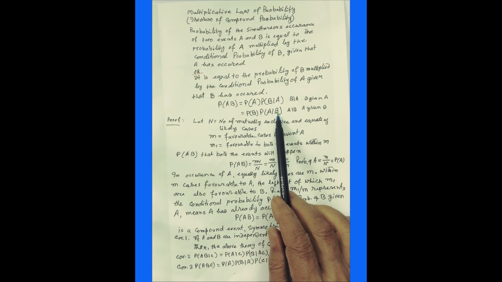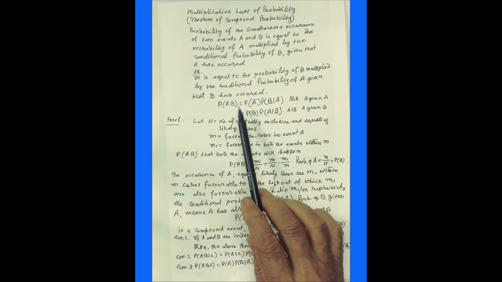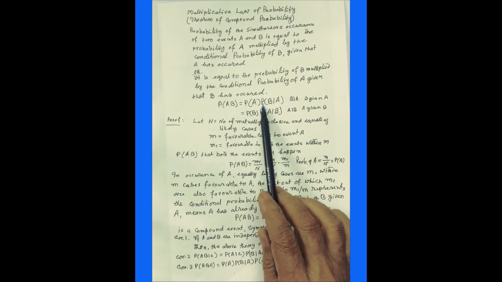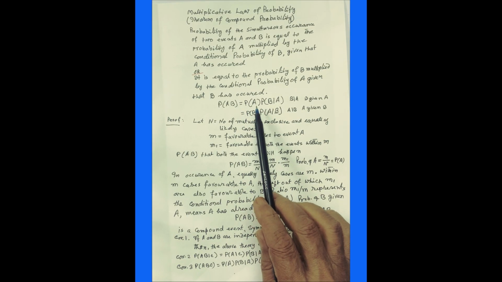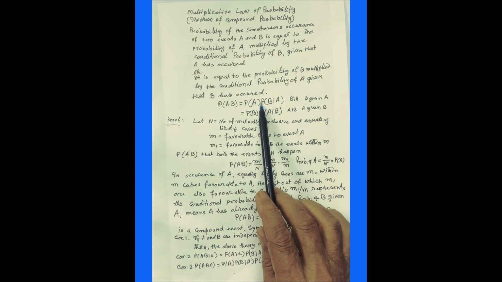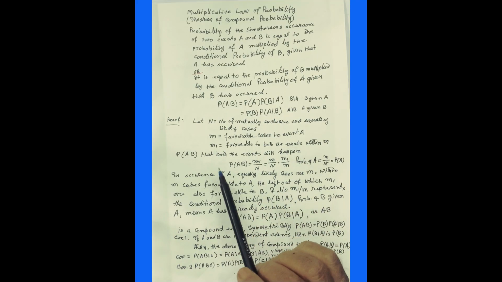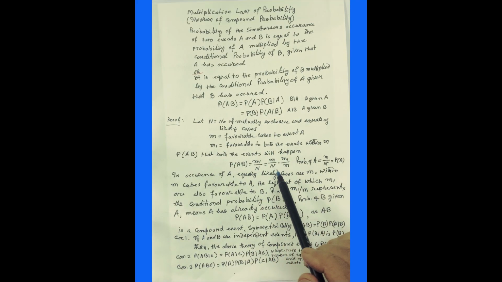If B occurs first, then the probability is this. Both are true, and this is our explanation. So we'll have to remember and practice.